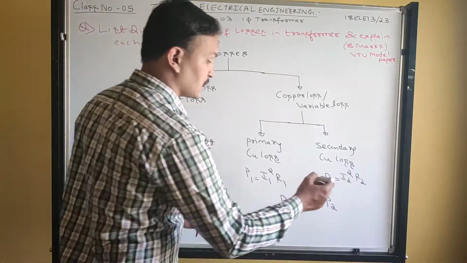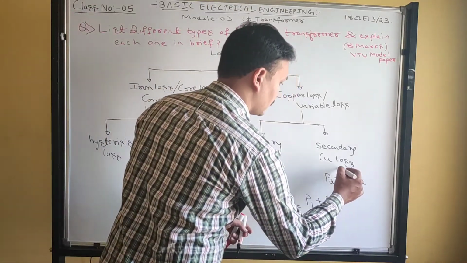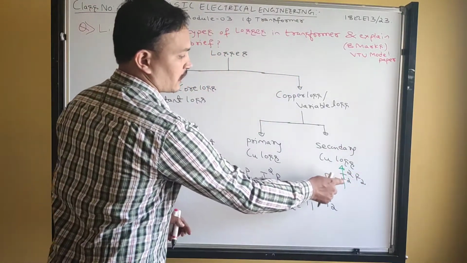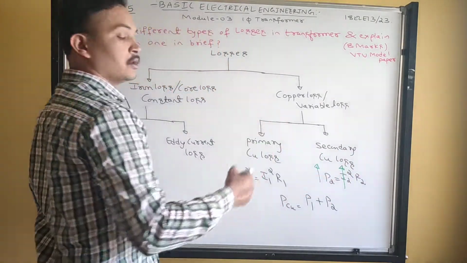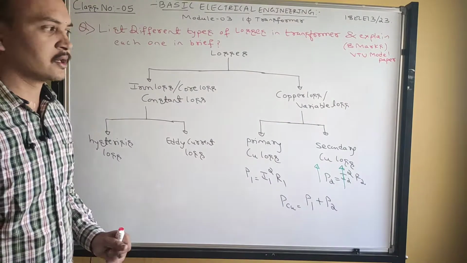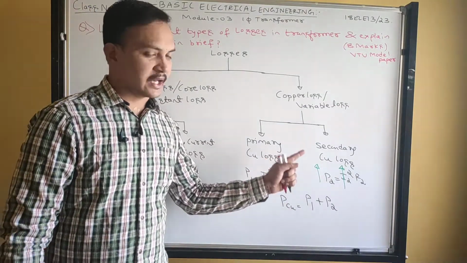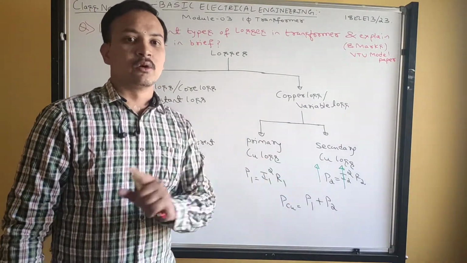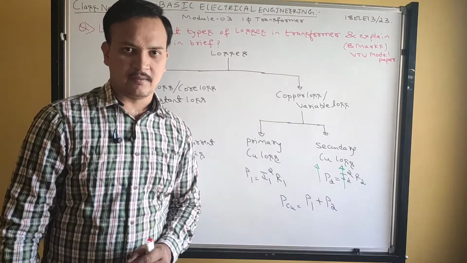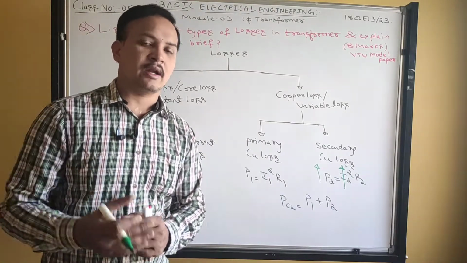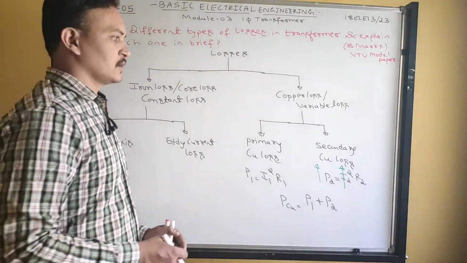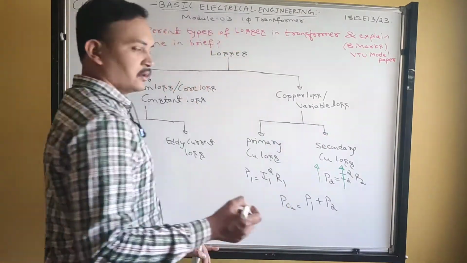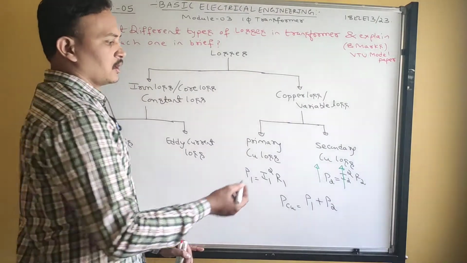If the current increases, the copper loss also increases, or varies. So depending on the loading condition of the transformer, your copper losses continuously vary.